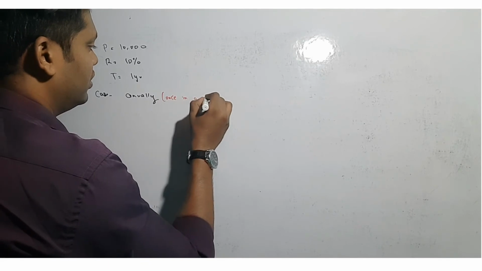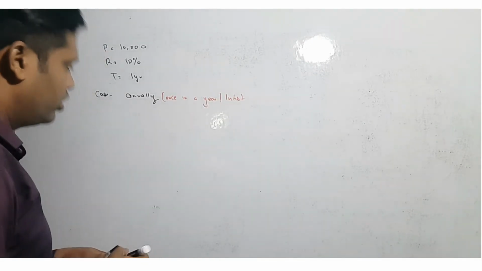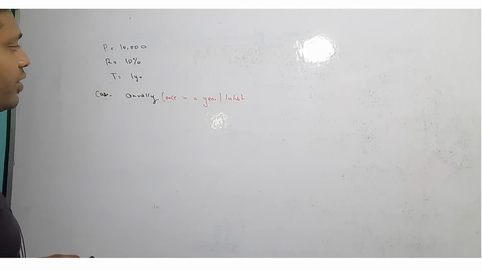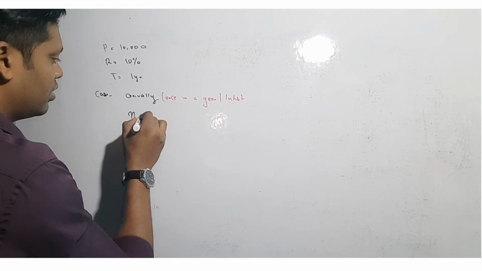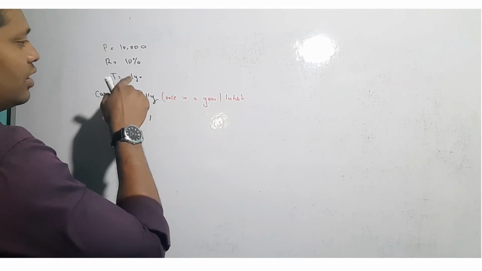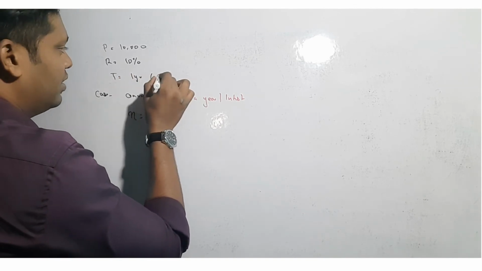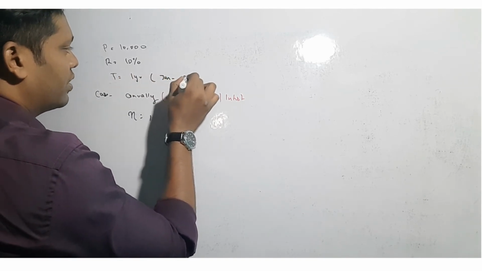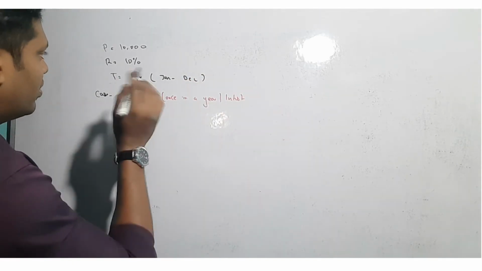Once in a year you have to pay the interest, right? Now if you have to see the conversion period, how much is it? Once in a year. For a year I have taken; the period is 1 year, for example January to December. So how many times do I have to pay the interest? Once.